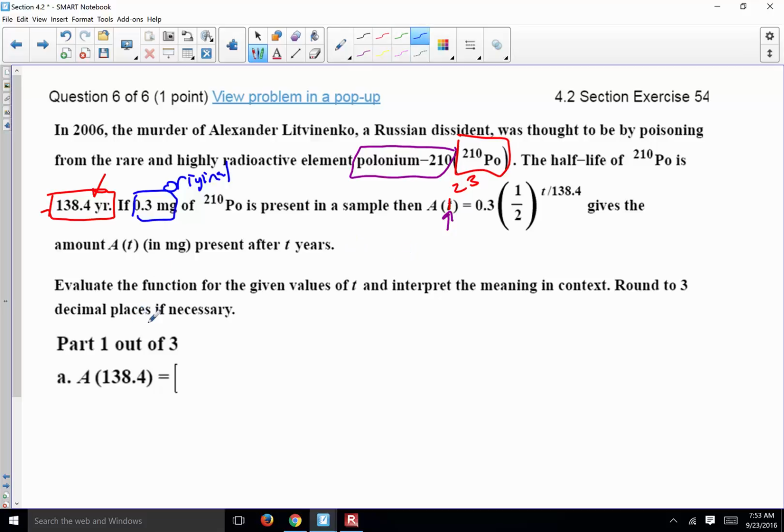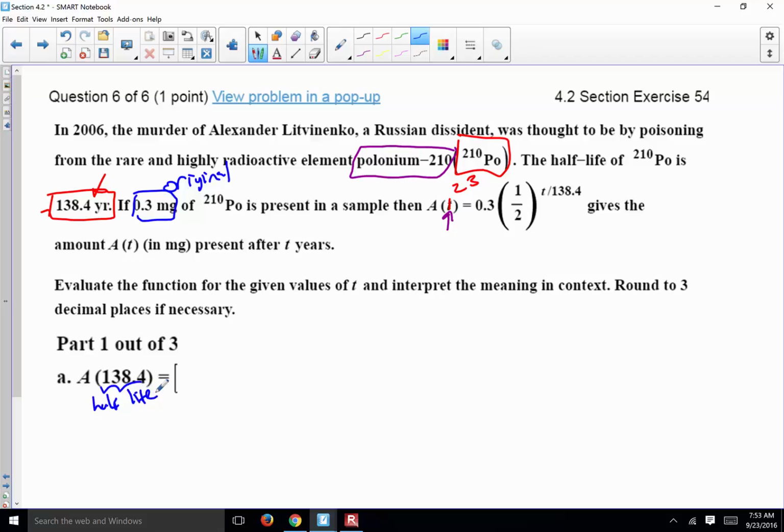The question is, they are wondering the new amount of the material after 138.4 years, the exact half-life.